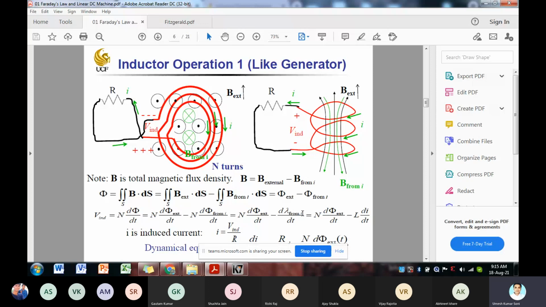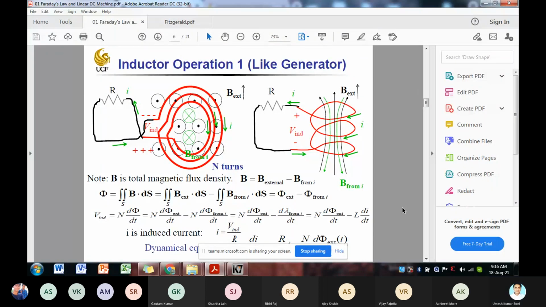So here total flux linkage is also equal to Li. So in place of N phi from I, we can replace it with Li. So this term becomes equal to L di upon dt. Okay.